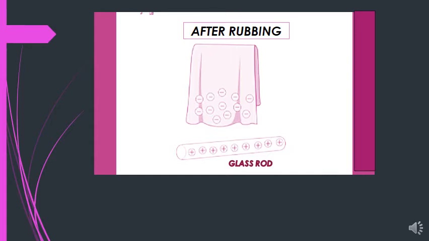After rubbing, we can see this cloth is negatively charged and this glass rod is positively charged. So, one object is negatively charged because more negatively charged particles are collected on it. The other object is positively charged because negatively charged particles are removed from it.